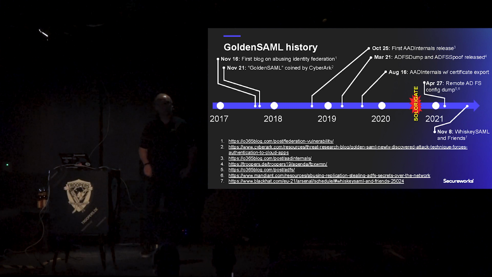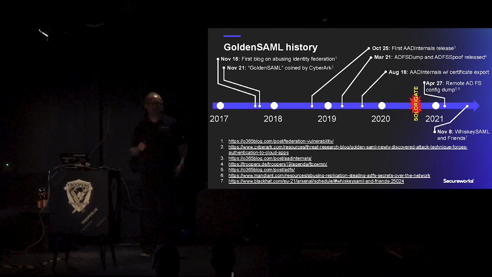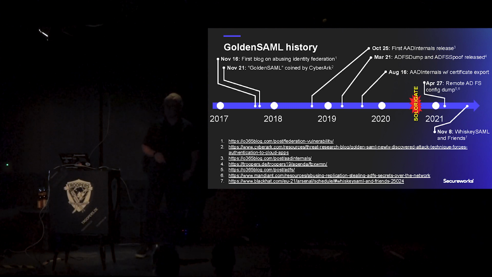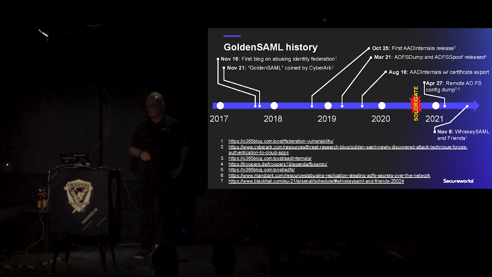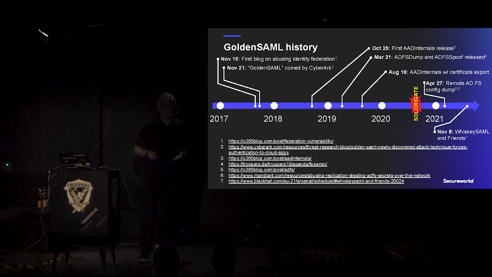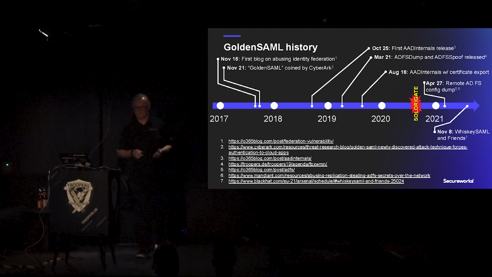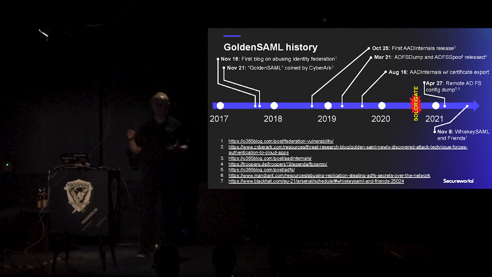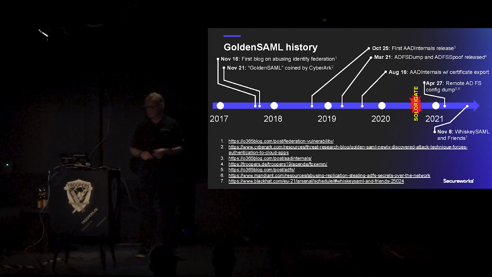But then came TROOPERS22. And a couple of guys from FireEye, or Mandiant, I think it was called FireEye at that time, were able to do that actually. So they published two tools, ADFSDump and ADFSpoof. And a couple of months after that, I was able to implement that also as a part of AAD Internals.